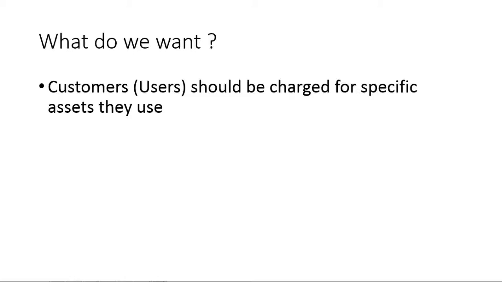The model will be quite similar, but currently we're only doing hardware. Okay, so if a user uses specific hardware, we want to charge them. The report should be on a monthly basis. Well, it could be weekly, it could be quarterly or yearly. The question is, decide what you want. In our case, it's monthly.